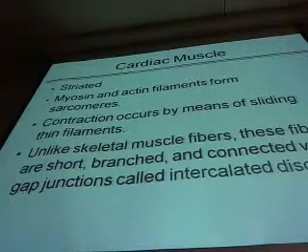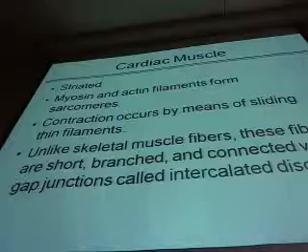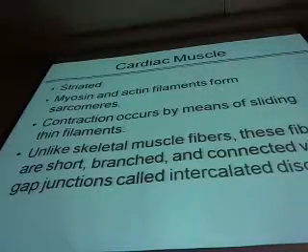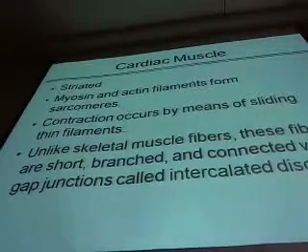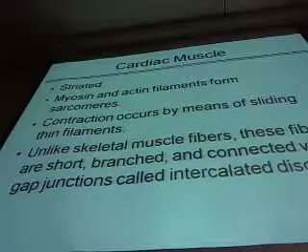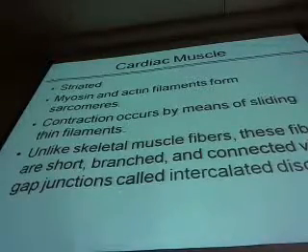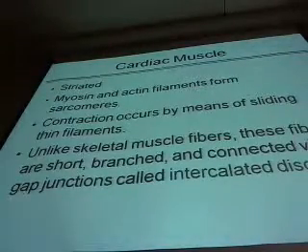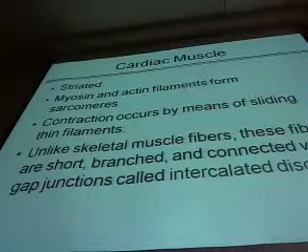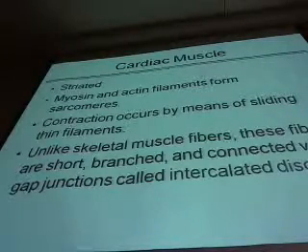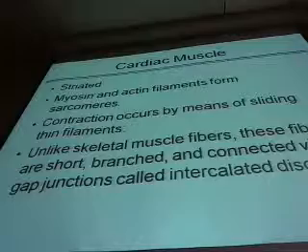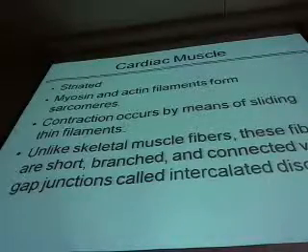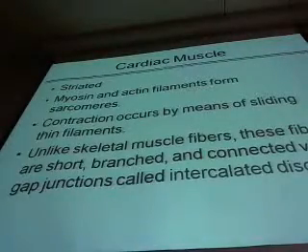Unlike skeletal muscles, which are kind of long, your cardiac muscles are short, branched, and connected via gap junctions or intercalated discs. The thing about that is the gap junctions, if you remember, are an electrical junction between the cells.